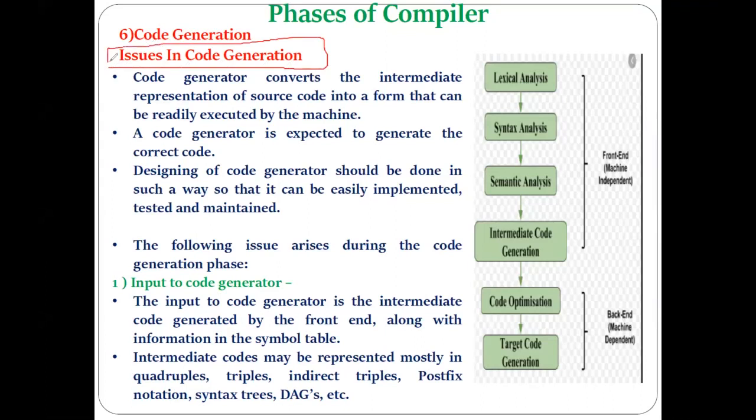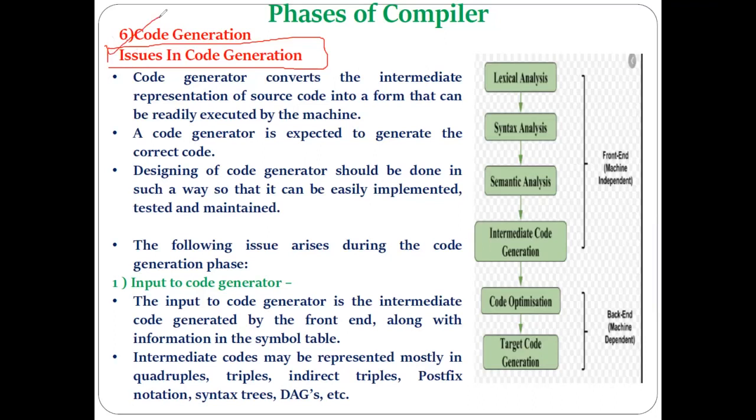They relate to the requirements from the code generator, meaning what kind of code has to be generated by the code generator phase, what kind of input it requires, how it utilizes registers and memory, and what the order of evaluation of different instructions will be. Those different things come under the issues in code generation.